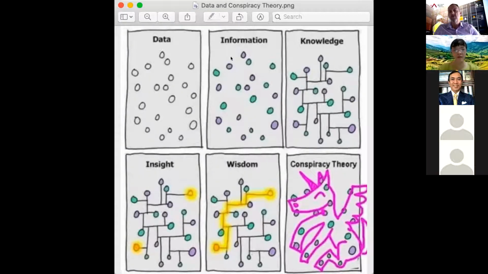So we move into the next phase, represented by the coloring of the dots. And if we can make sense and understand what the connectivity and relationships are between this information, we start to move into the next phase, which is knowledge. And then if we're able to interpret that information well, we can start to get some insights, which is in the bottom left-hand corner.